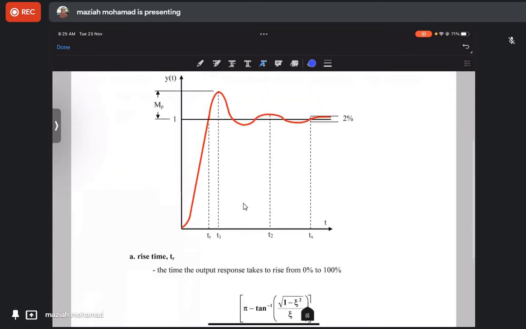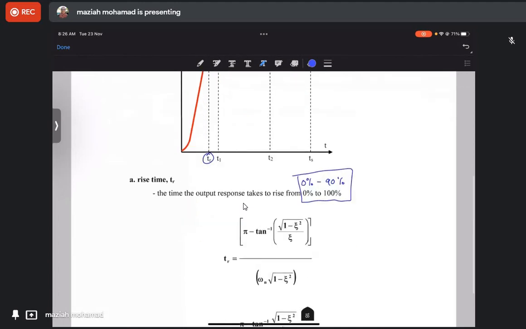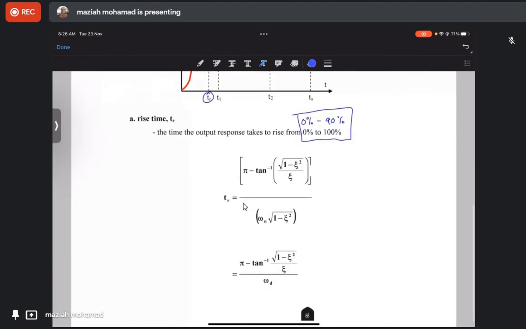Okay, so this is the one. Rise time. You may also see a specification of 0 to 90%. Sometimes they define 0 to 90 for their rise time. So you can have either way. Alright, so in order to calculate the rise time, this is the equation.